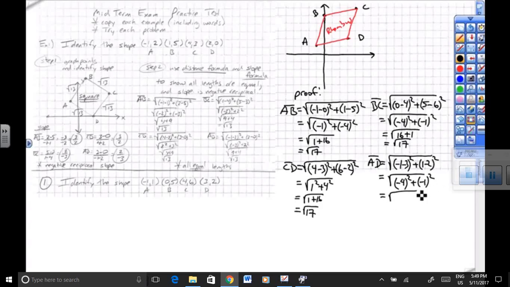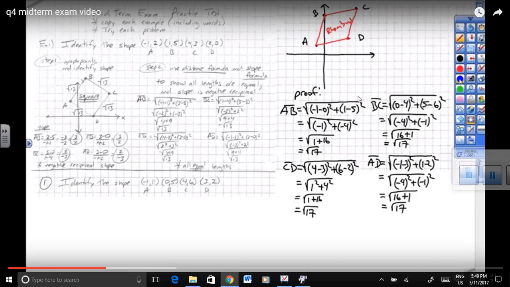So that gives me the square root of 16 plus 1, which is the square root of 17. So all 4 lengths are the same. The only difference between this one and the square is that the square's slopes are negative reciprocals. These rhombus slopes should just be regular reciprocals, not opposite.